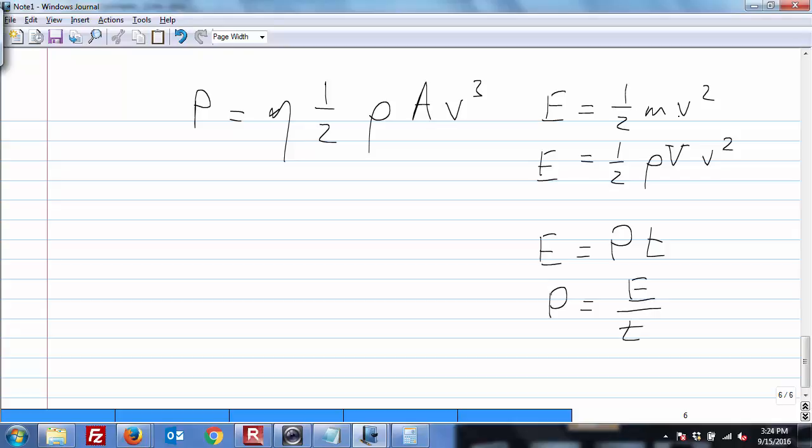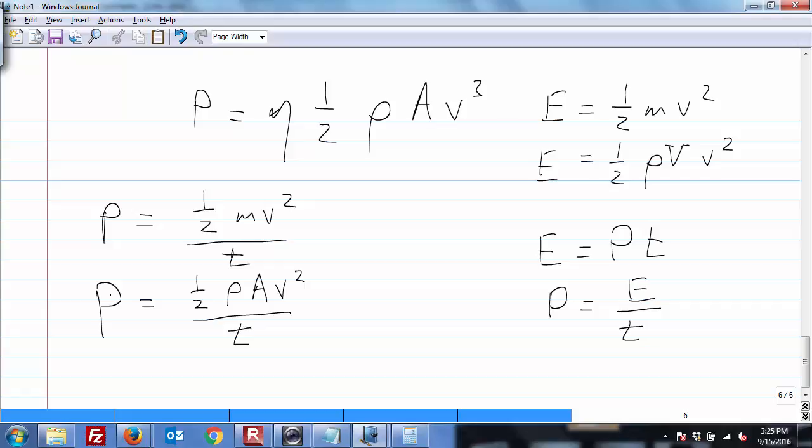So if we take this guy right here, I'll derive it for you really quickly. Power equals 1/2 mv squared over time, equals 1/2, so mass is density times volume, velocity squared over time. So again, we're calculating power.